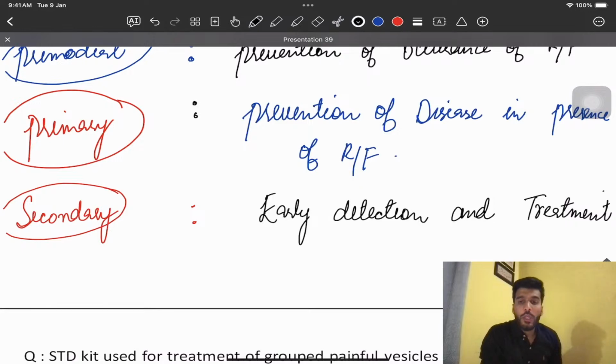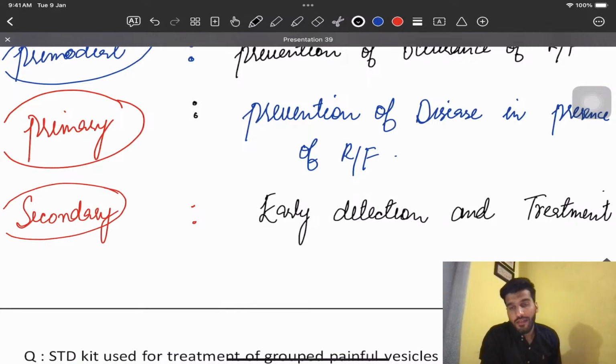Now let me clear it with a perfect example, my dear students. You have a 45-year-old female coming to you complaining of postcoital bleeding. As per your little knowledge from obstetrics and gynecology, you know postcoital bleeding is a classical feature of which cancer, guys?